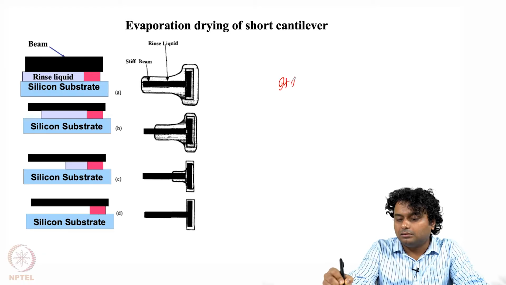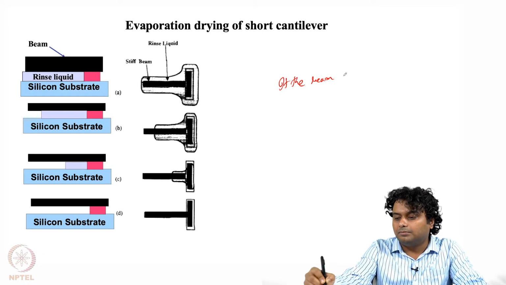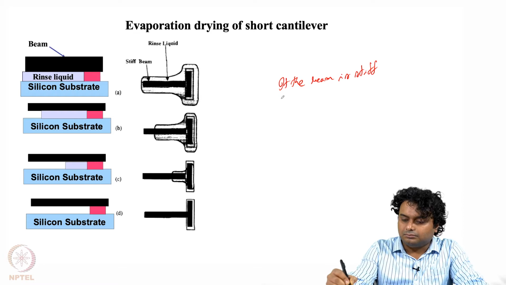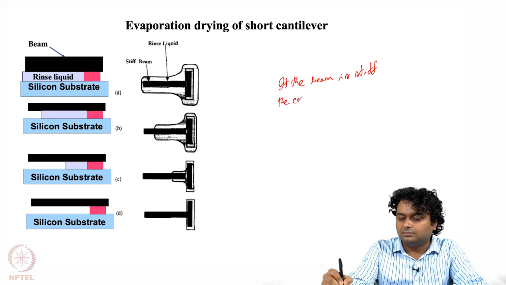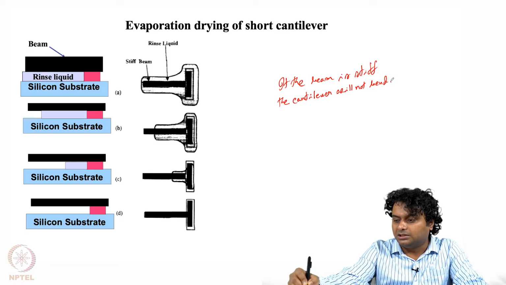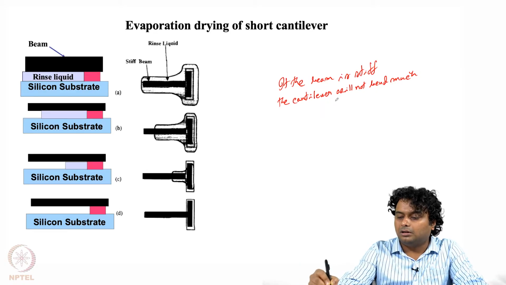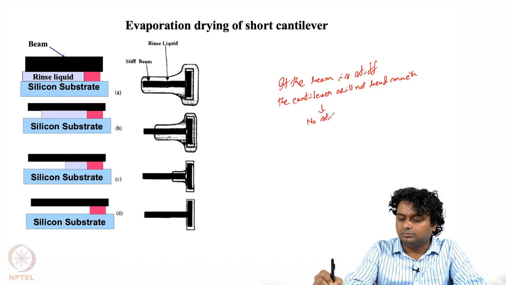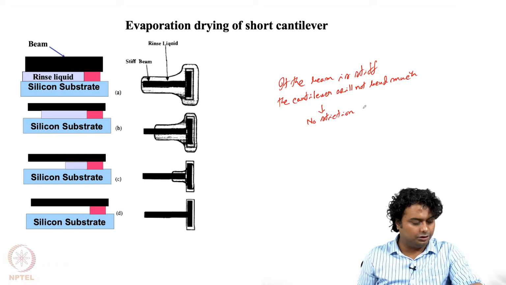So if the beam is stiff, then the cantilever will not bend much, and no stiction.